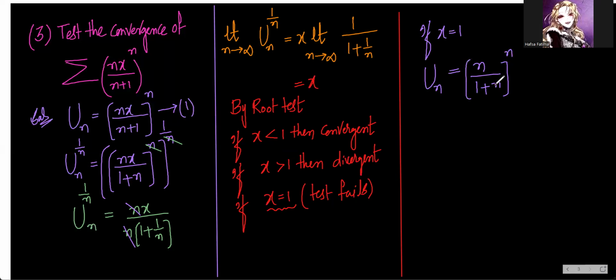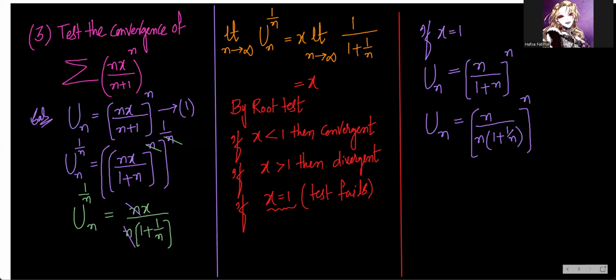Now look at that. u_n is equal to, what to do here is n by, taking n common here, 1 plus 1 by n, and the whole power is n.